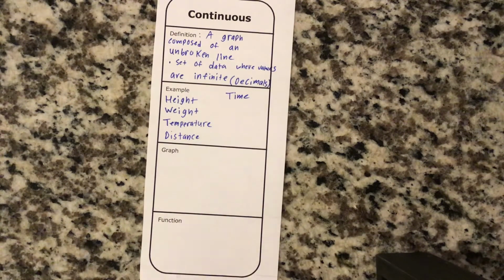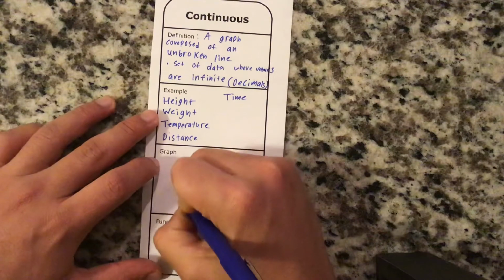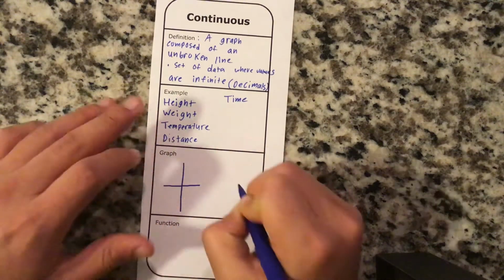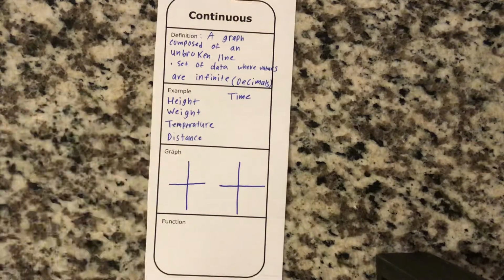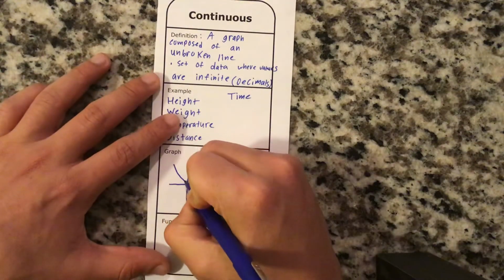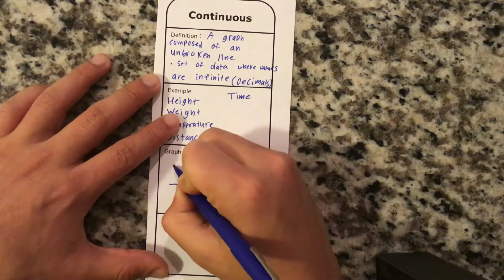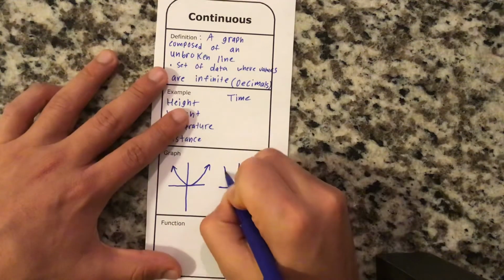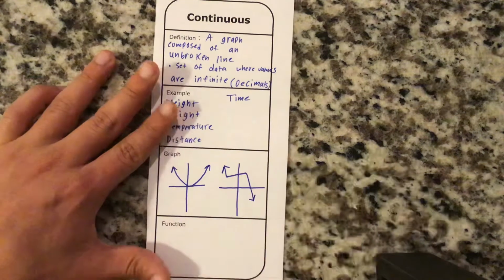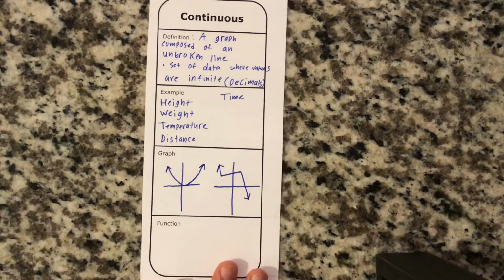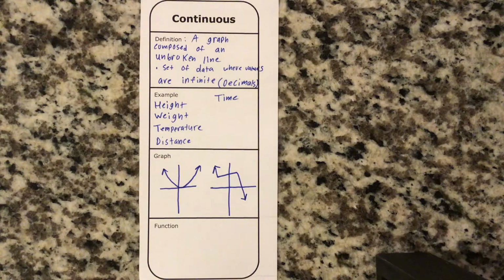And what graphs look like, so we'll do 2 examples. So a continuous graph could look like something like this, or it could even go something like this. It could be kind of weird shaped. Okay. But what makes this a continuous graph, the key thing that we can tell, is because it has an unbroken line.